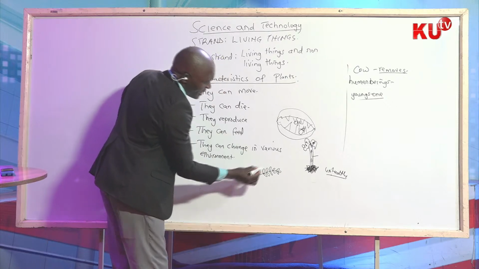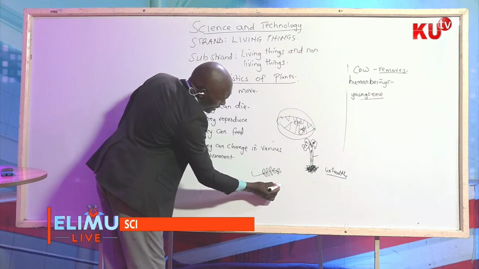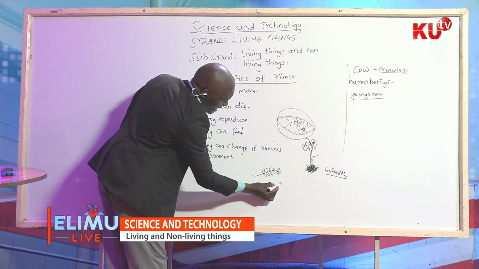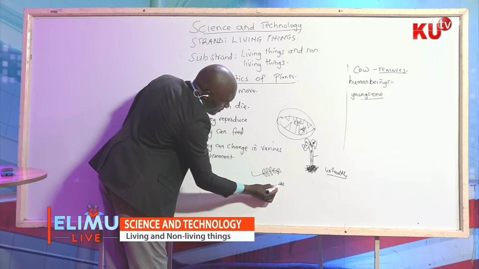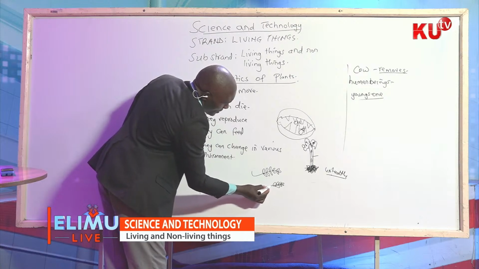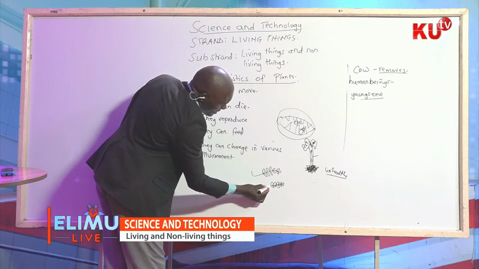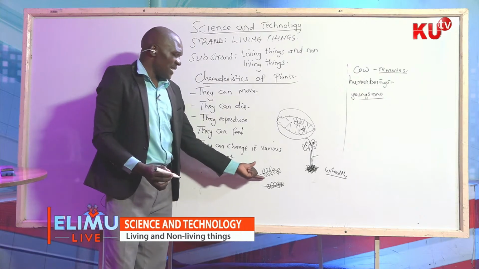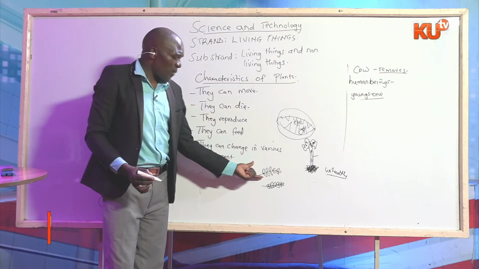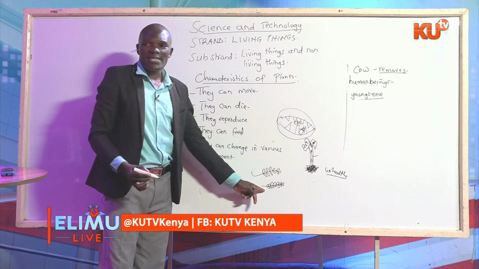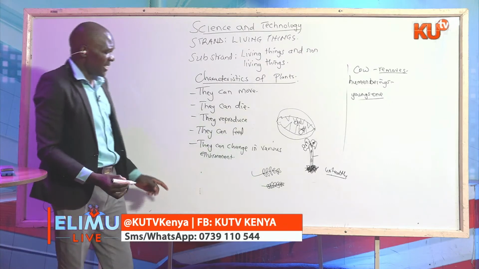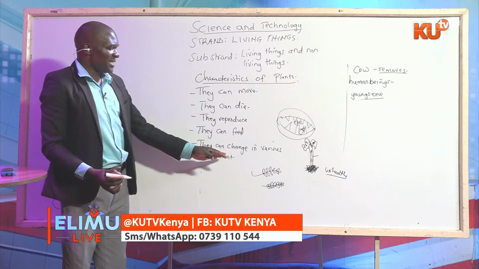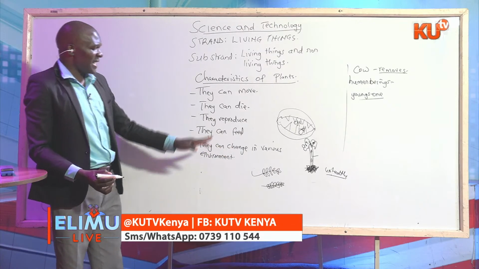When you touch it, you will realize that it folds itself. And that's why we say plants can change in various environments. You go to it, it is this way, but when you touch it, it folds itself.